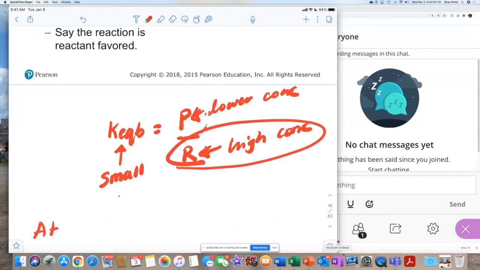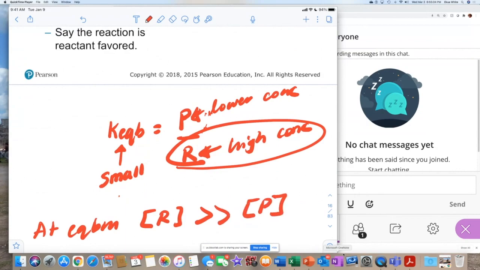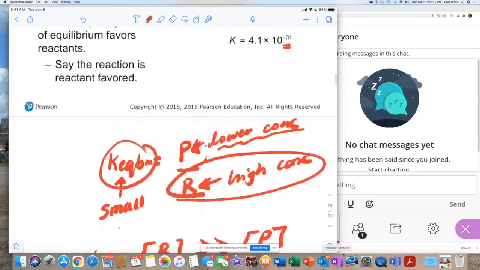So here at equilibrium, the concentration of reactant is higher than the concentration of product. That's what is being said here, because the equilibrium K constant is smaller, right? So the one that is directly proportional to it also has to have a lower concentration.